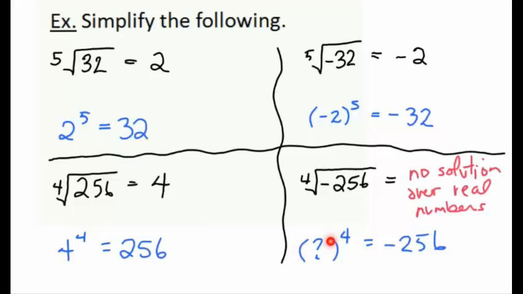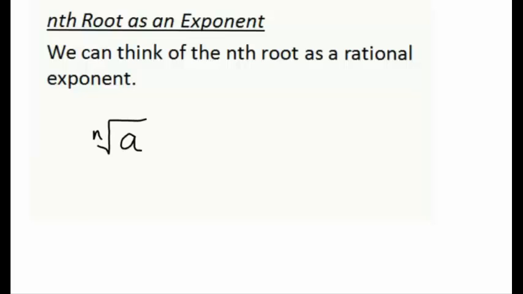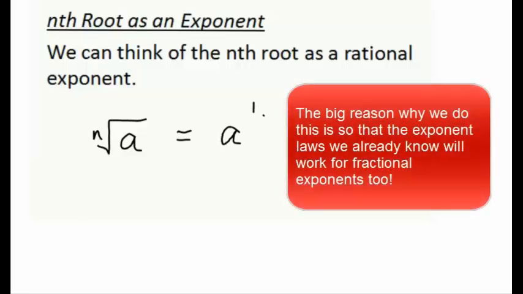And that's because anything raised to an even power can never be a negative number. However, a negative number raised to an odd power can give us a negative number. So that's why we have this kind of new thing happening with our odd nth roots. And we're going to rewrite this in a different way so that we can think of our nth root as a rational exponent. So we have an exponent that is a fraction.